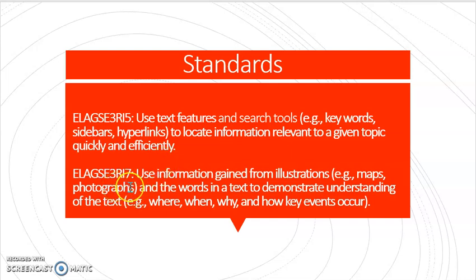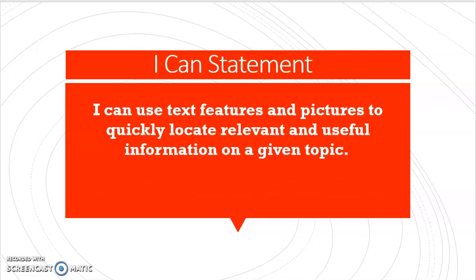We also have RI 7, which reads, use information gained from illustrations, such as maps and photographs, and the words in a text to demonstrate understanding of the text, such as where, when, why, and how key events occur. Our I can statement today reads, I can use text features and pictures to quickly locate relevant and useful information on a given topic.